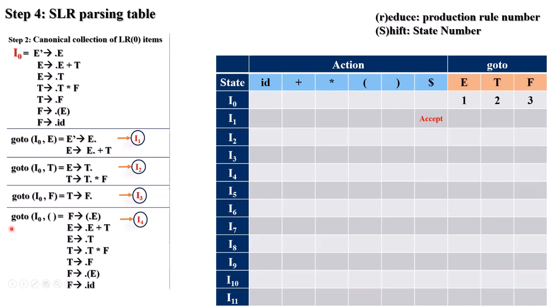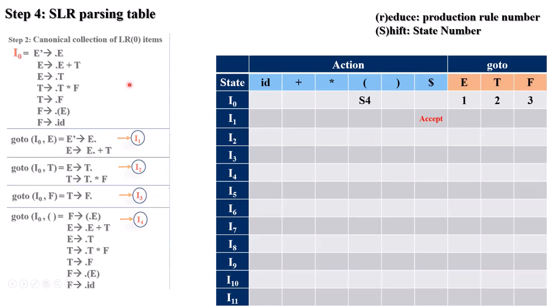Next, go to I0 opening bracket. What we get? I4. As I told you earlier, we have to write here S4. In the action table we have to write shift, that is S. In the goto table we have to write only the state number. So here we have to write S4.